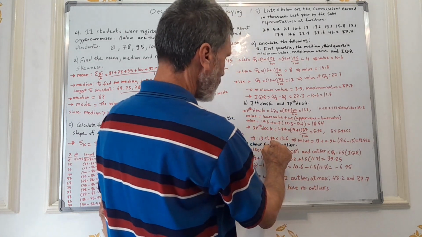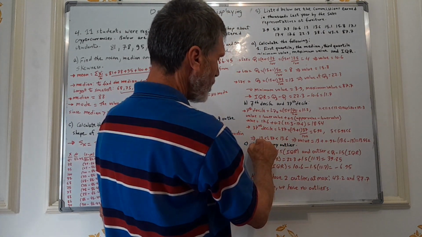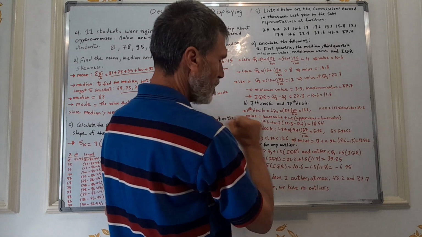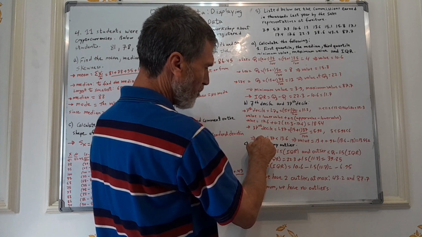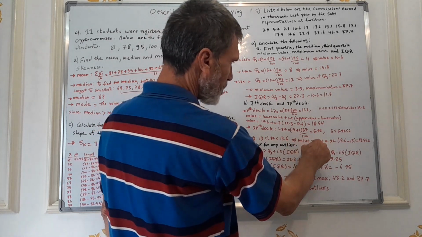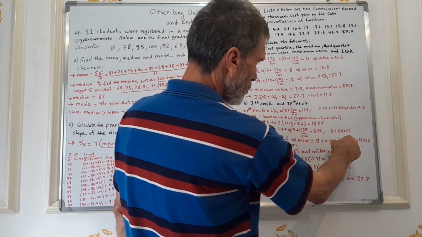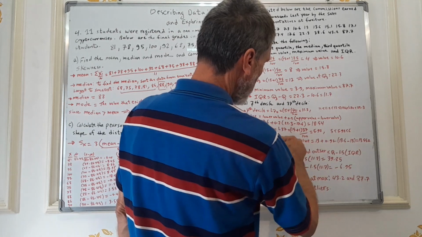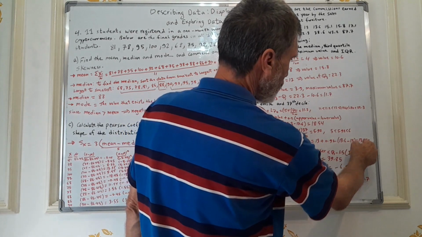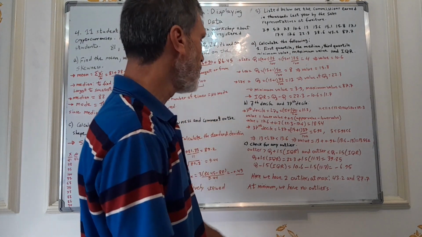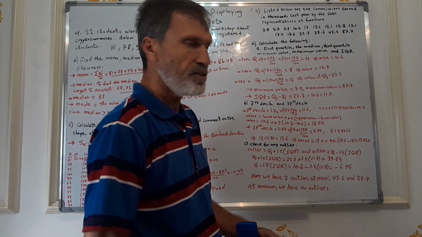So the value is between 13 and 13.6. So the value of L37 is going to equal 13, the lower value, plus 0.92 times the upper value 13.6 minus 13, the lower value, and we come up with 13.552. This is the value of the 37th decile.